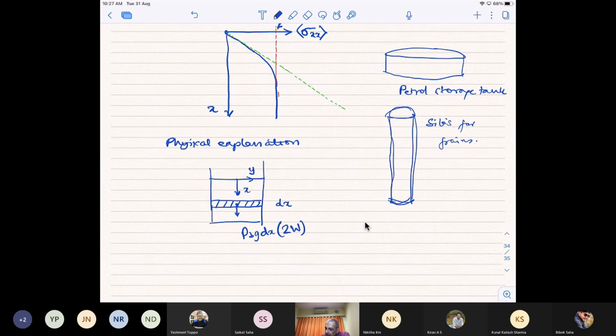So that's the weight acting downward per unit width in the z direction.